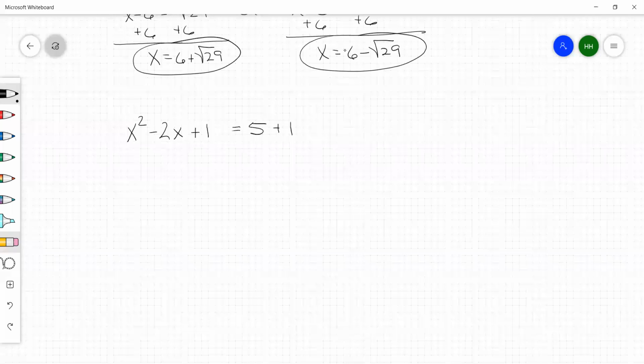You got this negative sign in here. You got a perfect square, and you just made a perfect square. So this factors to x minus 1 squared, and it's equal to 6.